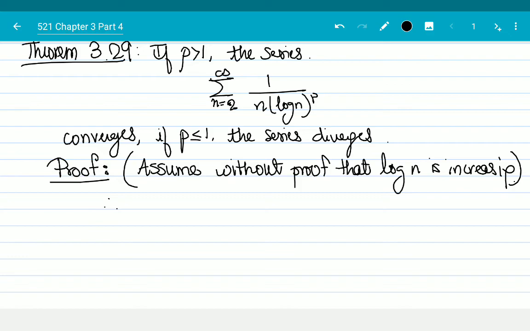Therefore, 1 over n log n decreases, and we can apply theorem 3.27 to this. It decreases. Okay.